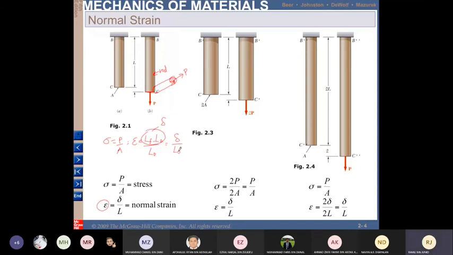Or you don't want to write original, also fine. So strain is equal to L_f minus L original over L original, or L_f minus L original is also equal to delta. Okay, this is delta over L. So this is the equation for strain.